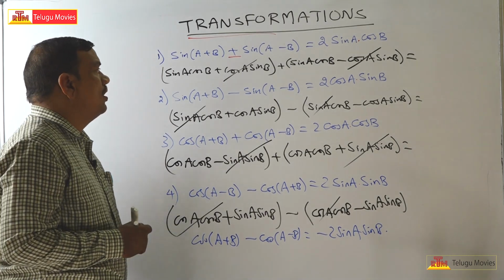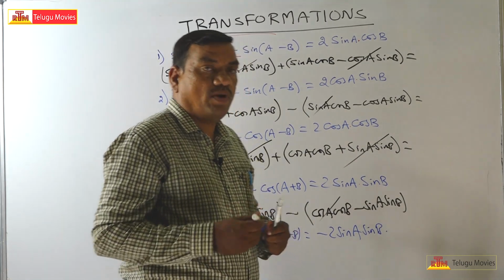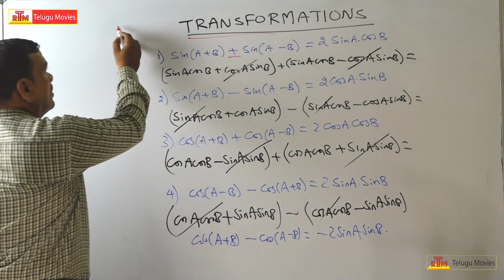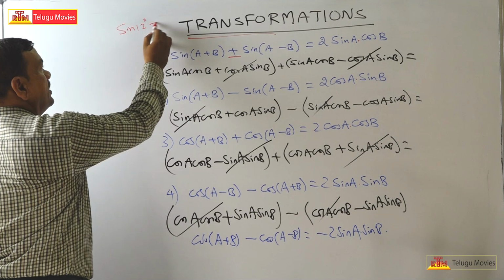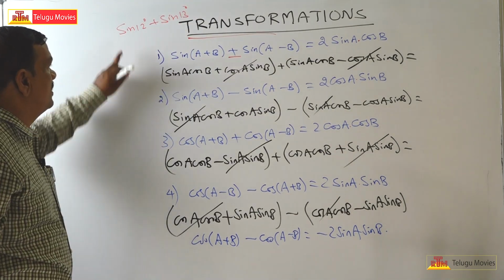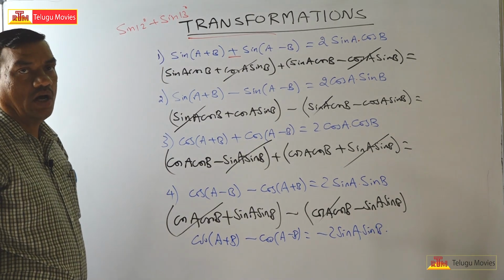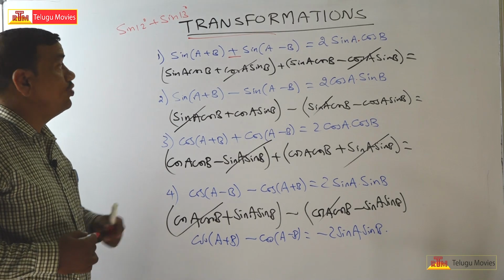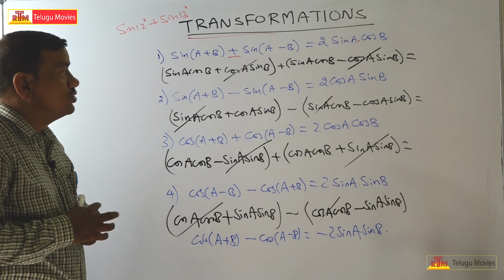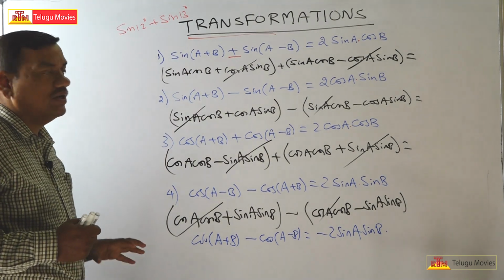For example, in future problems, if you get a problem such as sin 12 degrees plus sin 13 degrees, how do we write down that value? Here plus is there, so how do we convert it? Can we get some comparatively easier formulas for this? Yes.